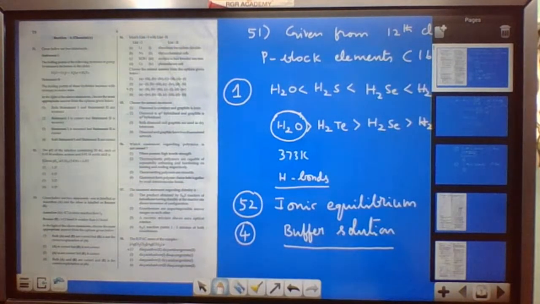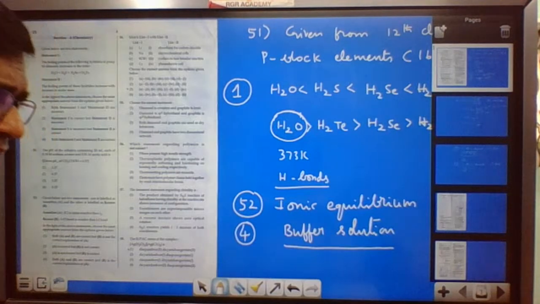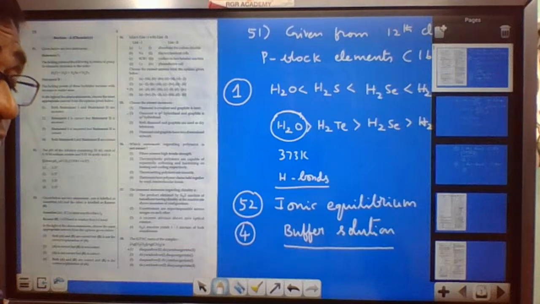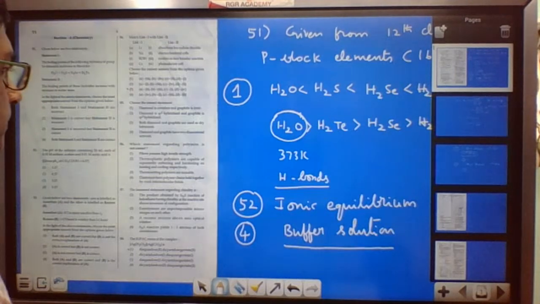Next, coming to another question, that is 55. Even 55 is another statement type question. If the questions are given statement-wise, it consumes more time. Choose the correct statement.